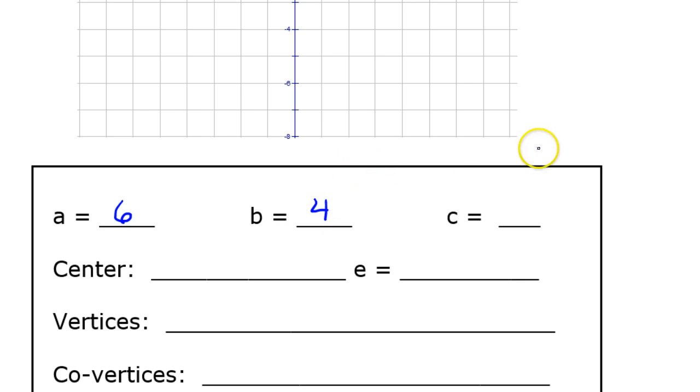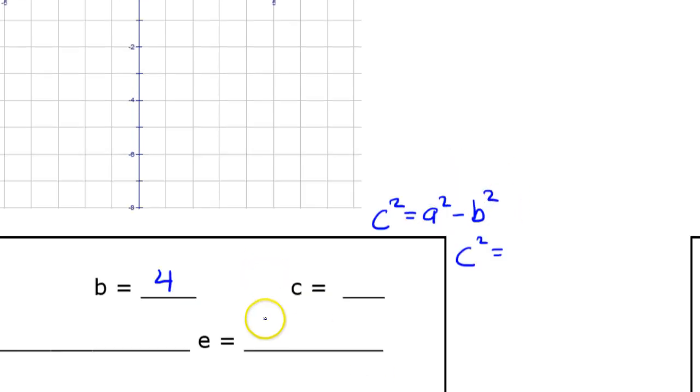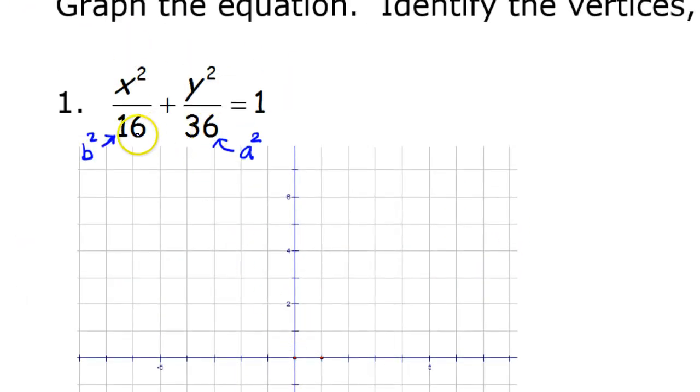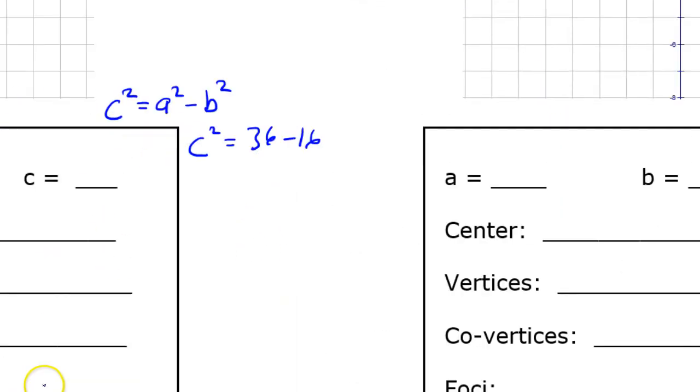We also know that c squared is equal to a squared minus b squared, so we can quickly calculate what c is. c squared will equal 36 minus 16, which means c squared is equal to 20.